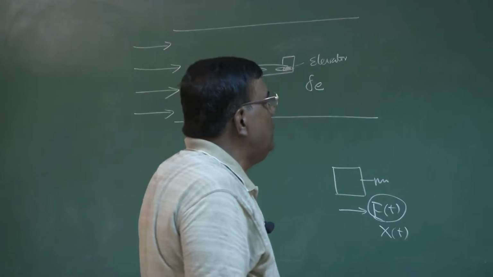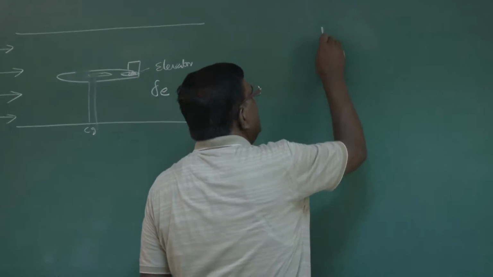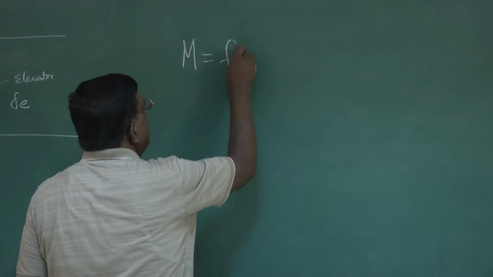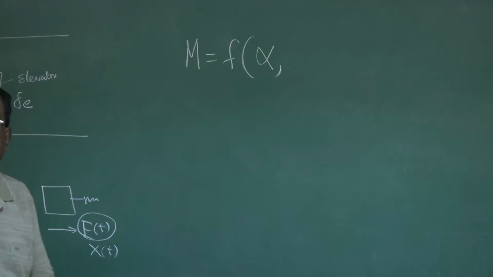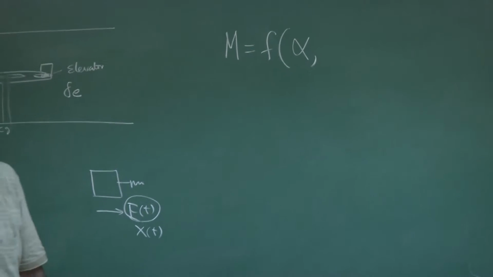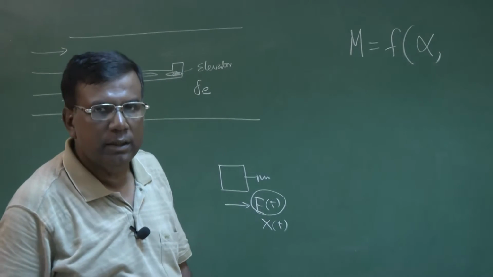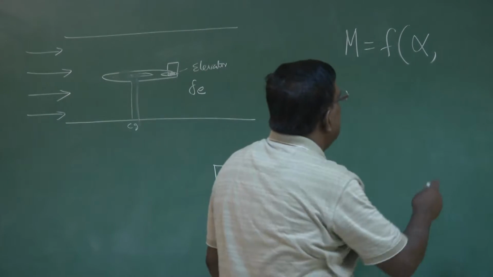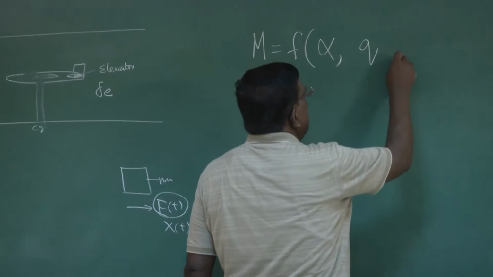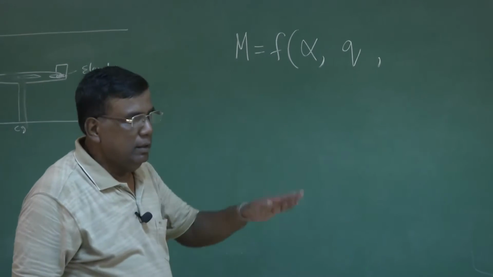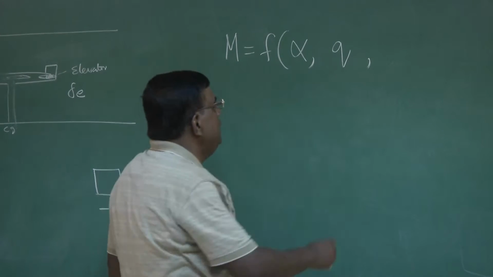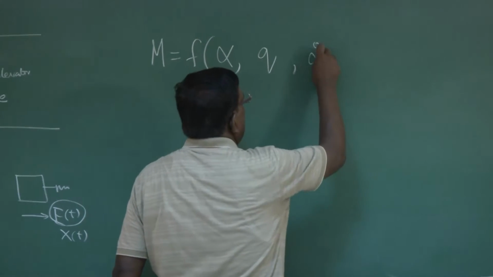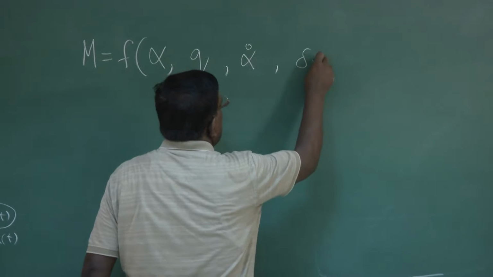And if you recall, this pitching moment will be a function of alpha, the angle of attack, which is the angle between the chord line and the velocity vector. Then it will be a function of q, the pitch rate, a function of alpha dot, and I am putting in delta E.